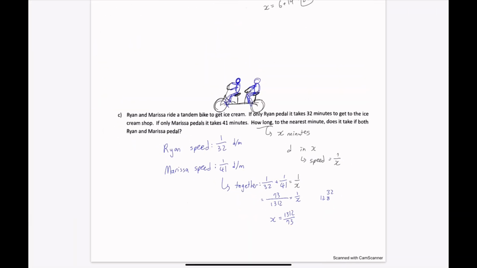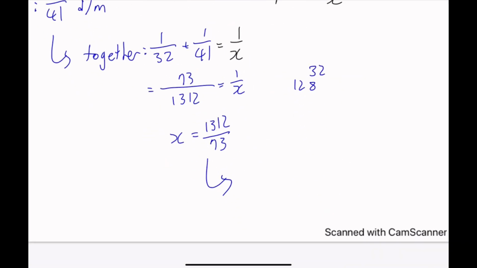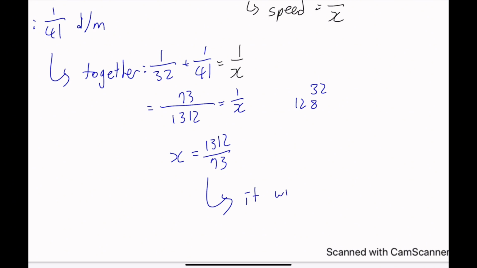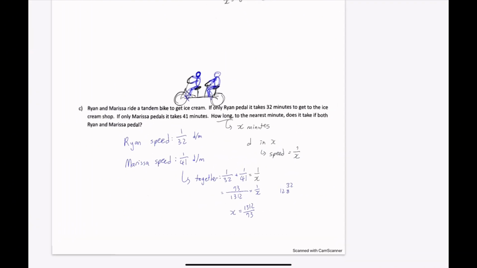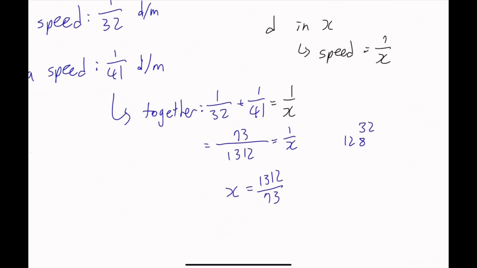Oh, but that isn't our answer yet, because we have to write it out. What did the problem say? To the nearest minute. Okay, so using my calculator, it says that 1312 over 73 is equal to 17.97. And this is pretty close to 18, don't you think?